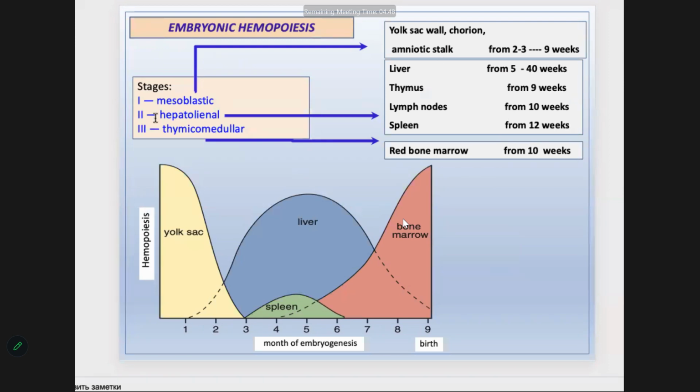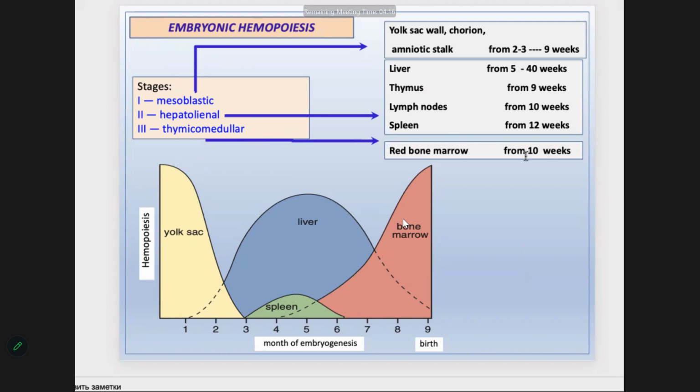The second stage is named hepatolienal stage, from the 5th to 14th week of the embryonic period. At this stage, formation of blood takes place in the liver, in the thymus, in the lymph nodes, and in the spleen. And the third stage of embryonic hemopoiesis is named thymico-medullary hemopoiesis.